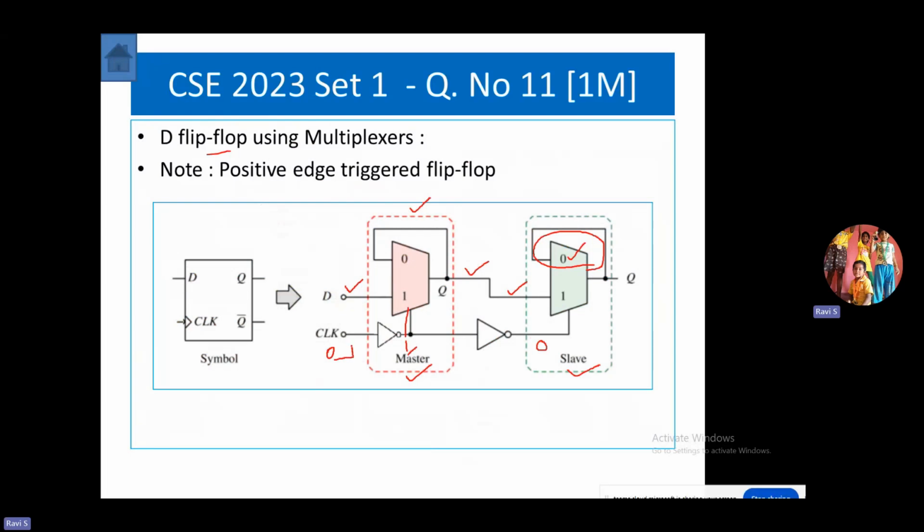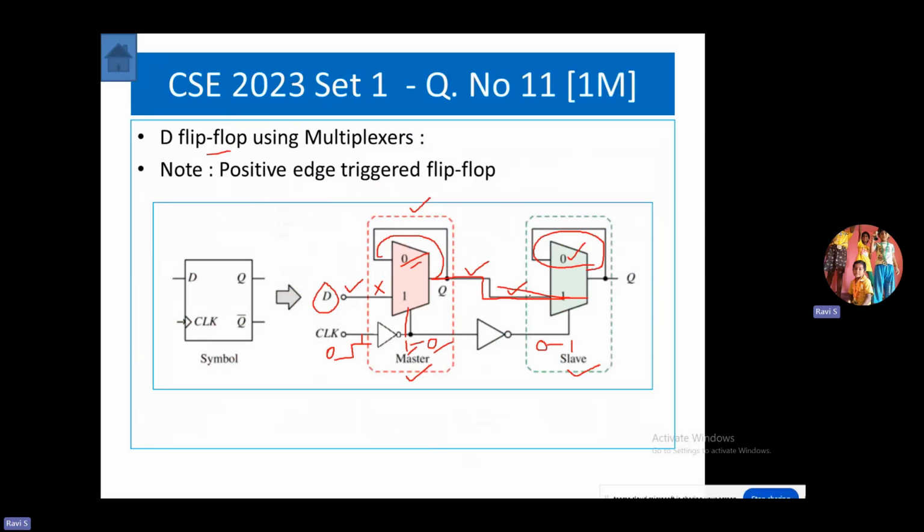When the clock changes from 0 to 1, this value changes from 1 to 0, retaining the previous state. Whichever D input you have applied previously will be retained. It is not going to accept any new data input. Under this situation, this state will be connected here. Because this input is 0, complementing 0 gives 1. 1 means it accepts input from the previous stage.